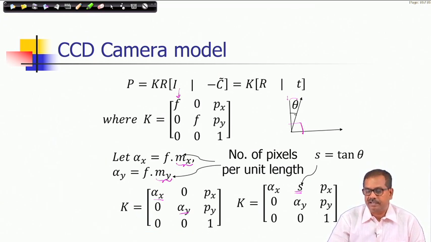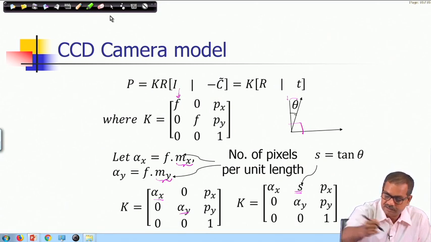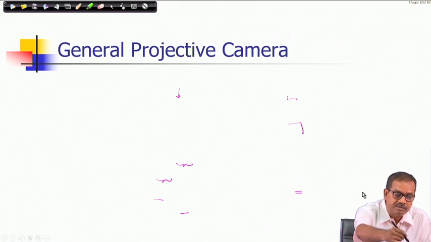You can verify that it would be tan theta, or you can even say sin theta. Theta is very small, so you can write s equal to theta in radian units. So, this is the final form of the calibration matrix.